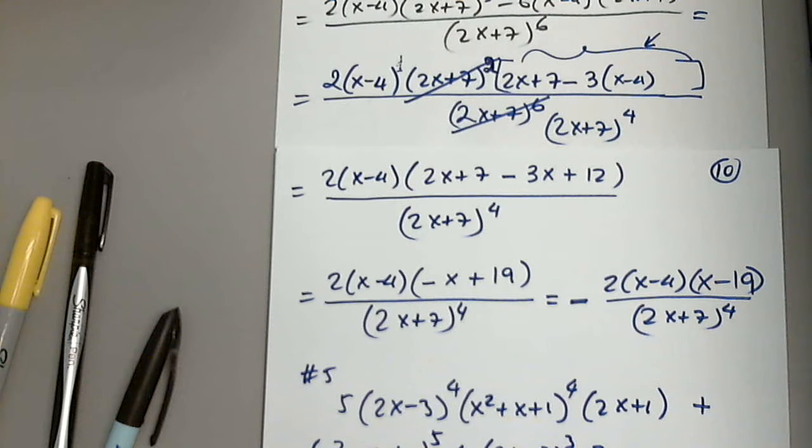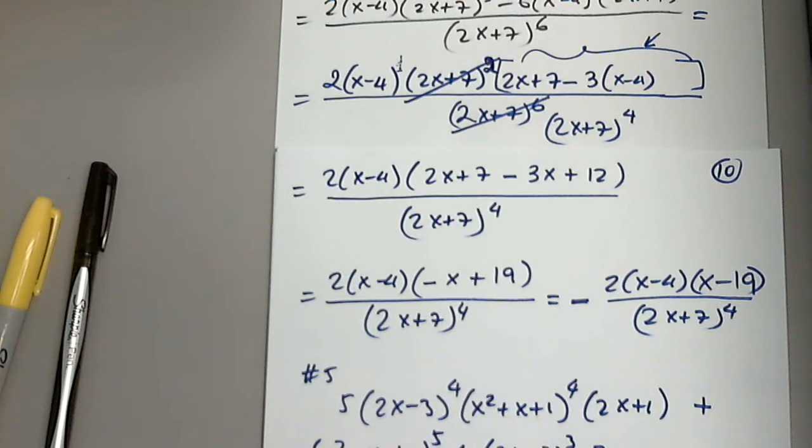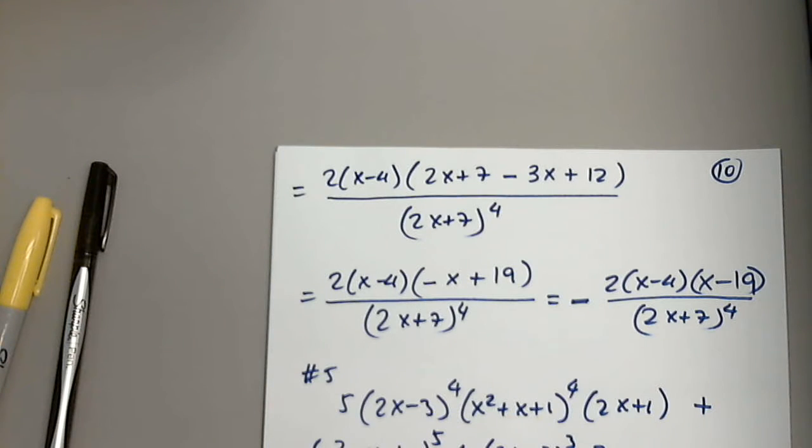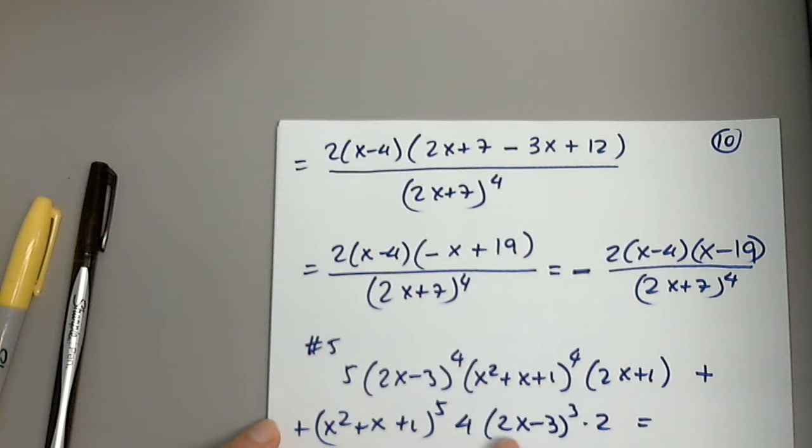How many terms do we see here, and are they both cleaned up? I should have waited for you to answer. How many terms do we see? 2 terms, some product plus another product. Are they both completely cleaned up? This is completely simplified, but this is not yet simplified.